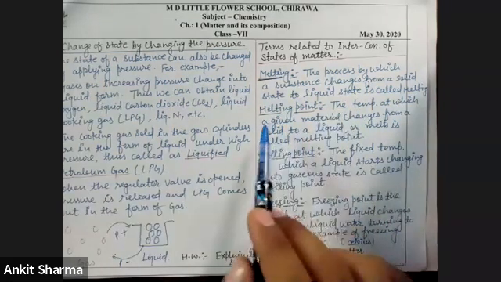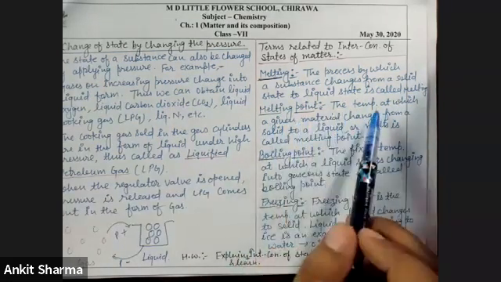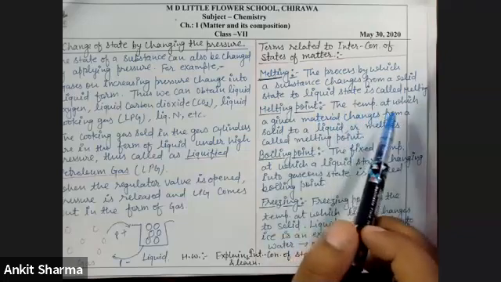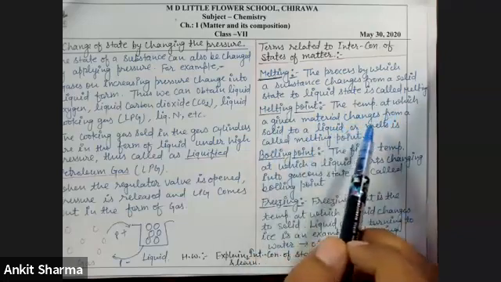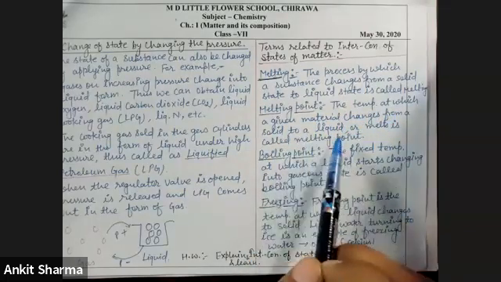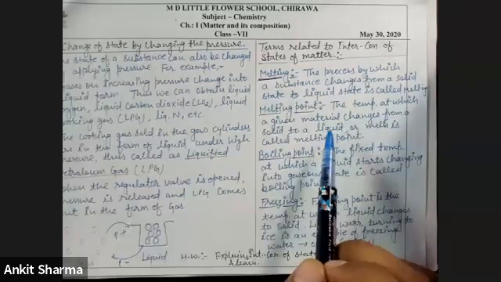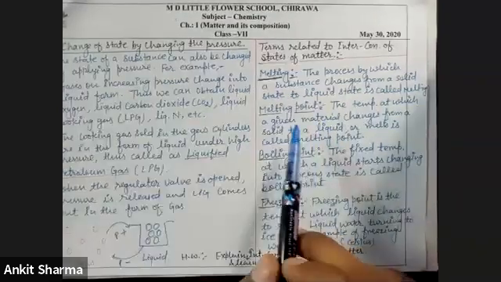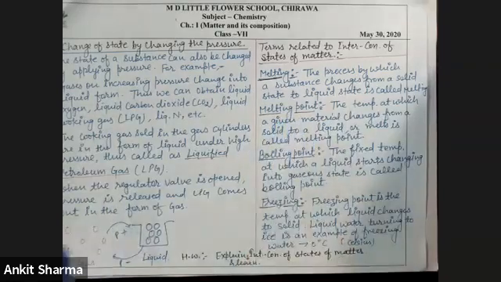Now what is melting point? The fixed temperature at which a given material changes from a solid to liquid state is known as melting point.